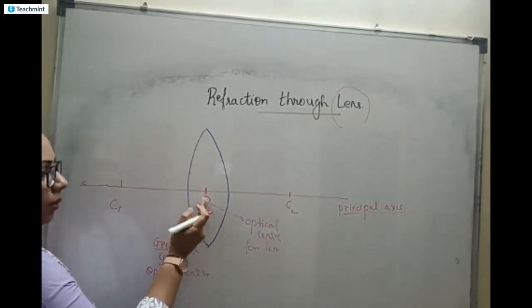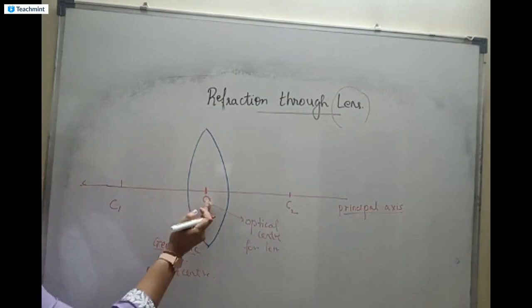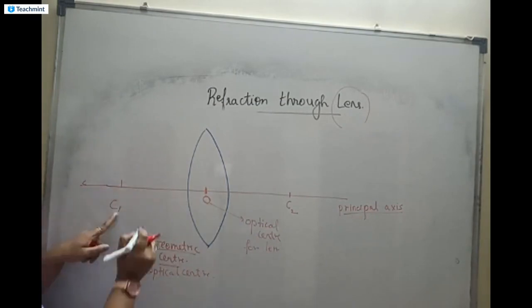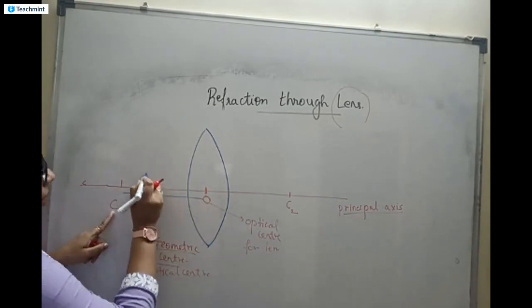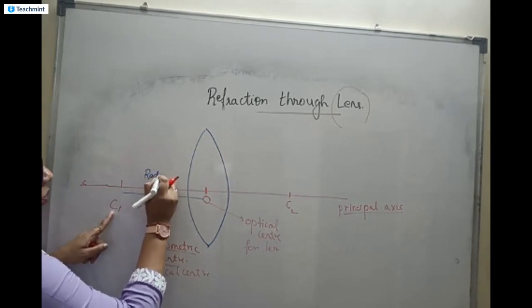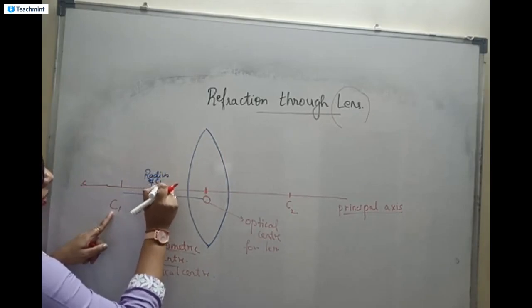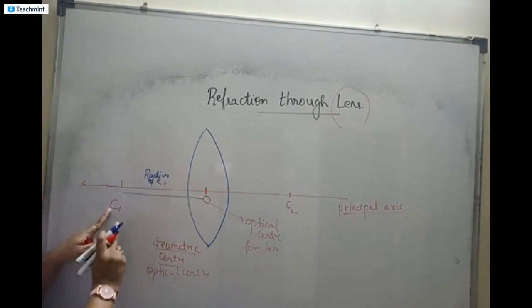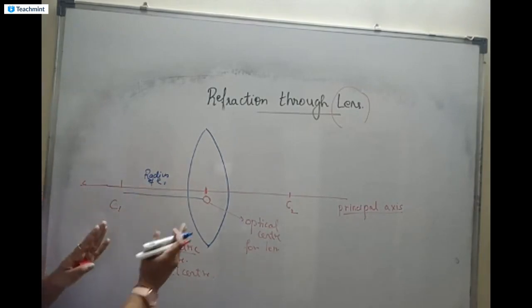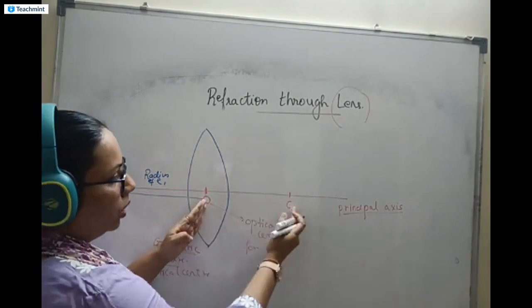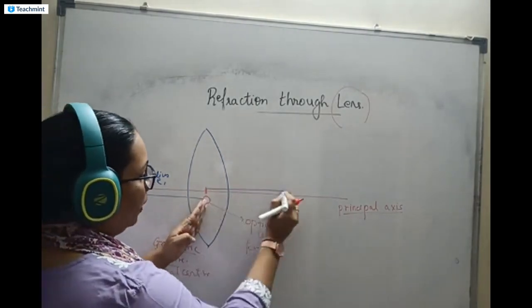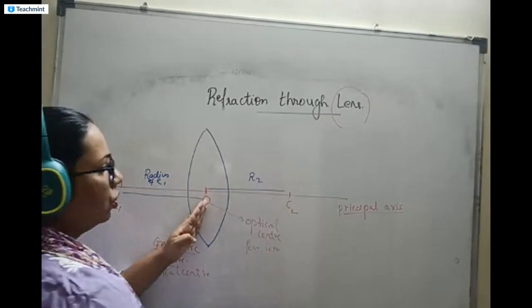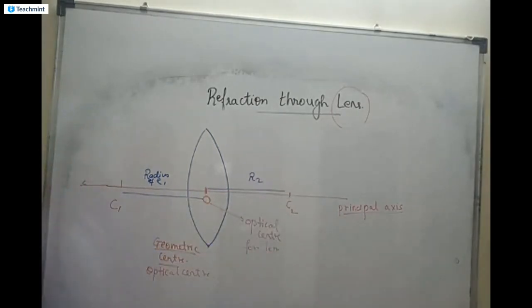From this optical center to the point you have taken, C1, this whole distance is referred to as the radius of curvature, R1, because it's C1. Like that, from the optical center to the other point, this whole path is called the radius of curvature R2.